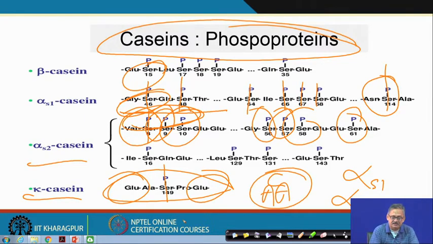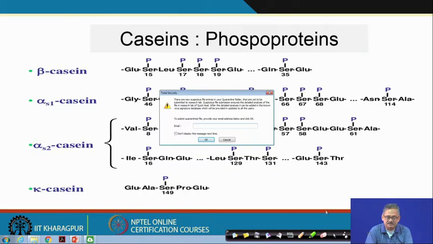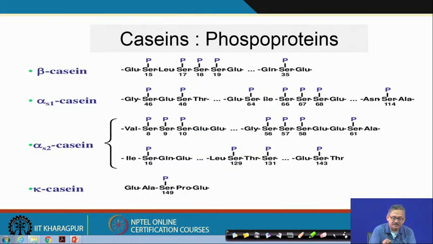Because of how they are linked, by which of the amino acids, the kappa casein is having more hydrophobicity, less hydrophobicity or more hydrophilic nature, right. So, this is how they are coming.